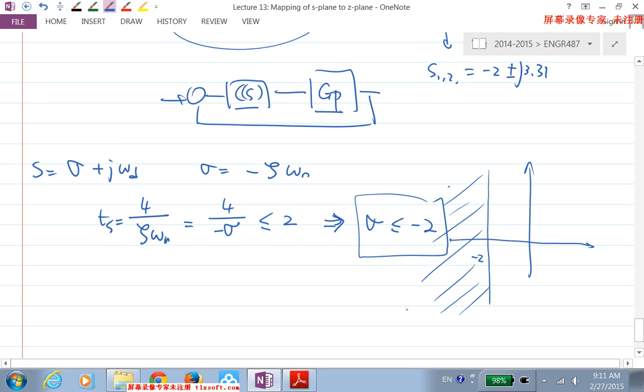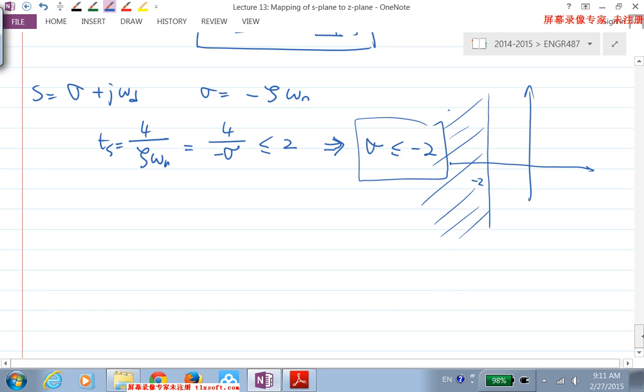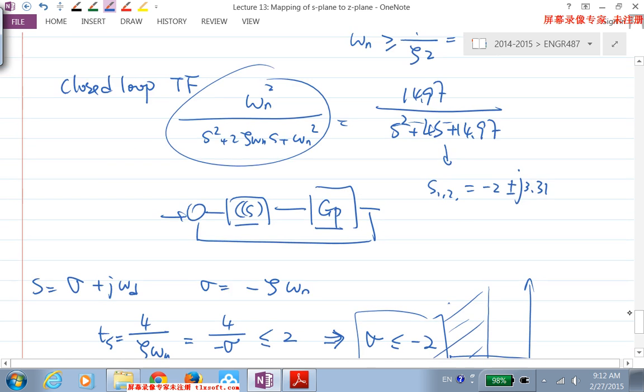Now let's move to the Z plane, because ultimately, if you design a discrete controller, it's the same idea as a continuous system.